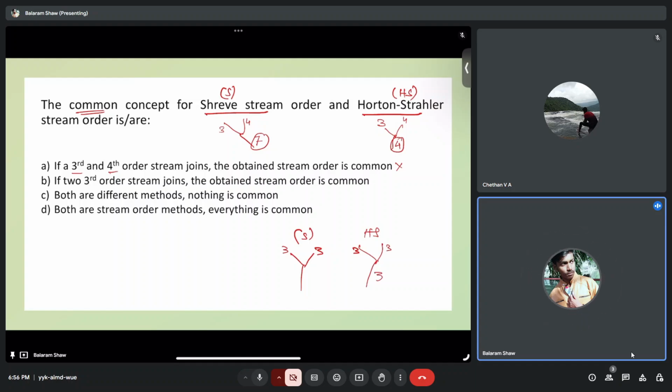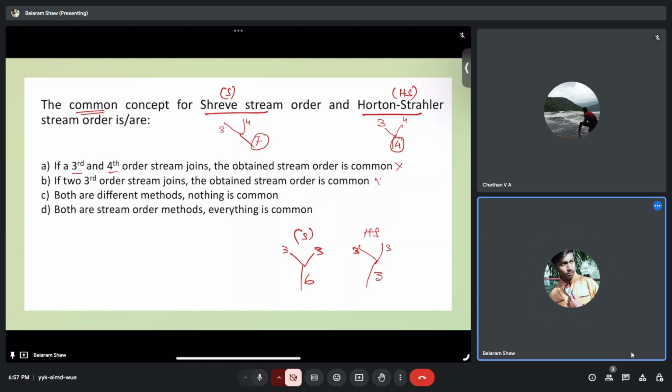When two same order streams join in Horton-Strahler, the stream forming next will be the same order that we have. But in case of stream order, it will be the summation, that is 6, right? So this is also not common.